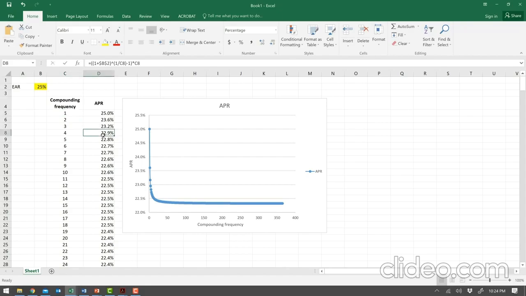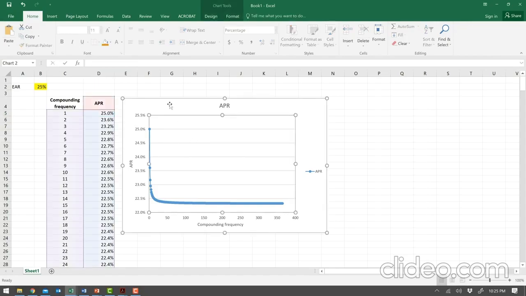We see that for quarterly compounding, APR equals 22.9%, which matches the number we found before. For annual compounding, when K equals 1, APR is 25%, which intuitively should be correct because when interest is compounded annually, APR should equal EAR.